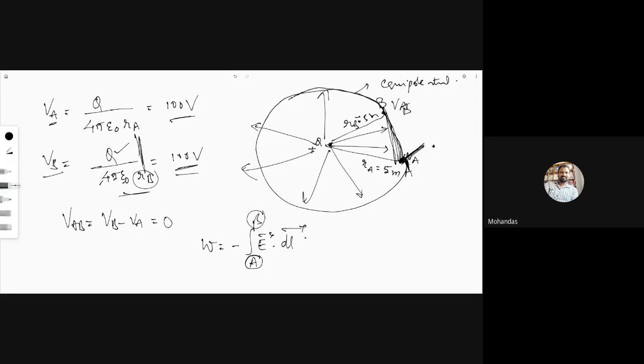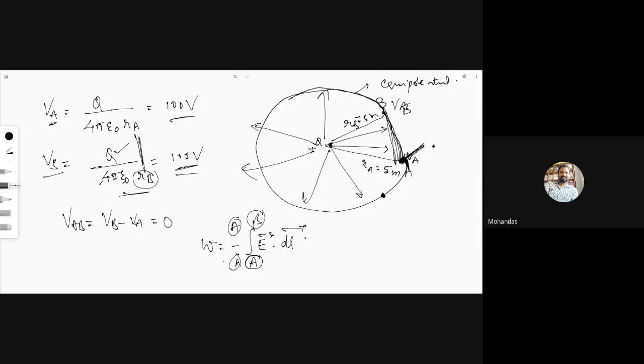Then what may be the starting point and ending point? What will be the starting point and ending point for a circle? If I start here, I move in this closed path and again reach the same point, then the starting point is the same as the ending point.